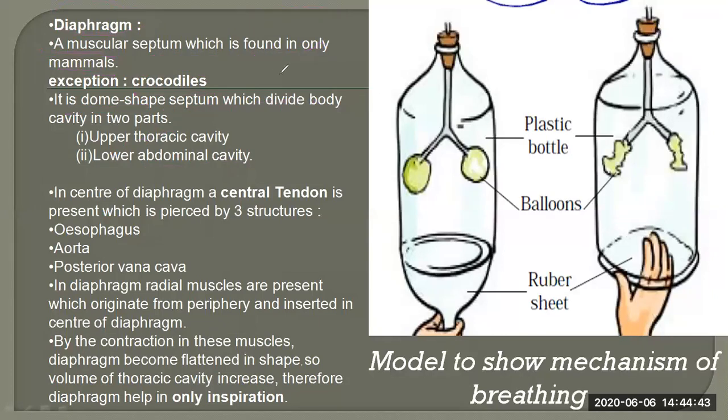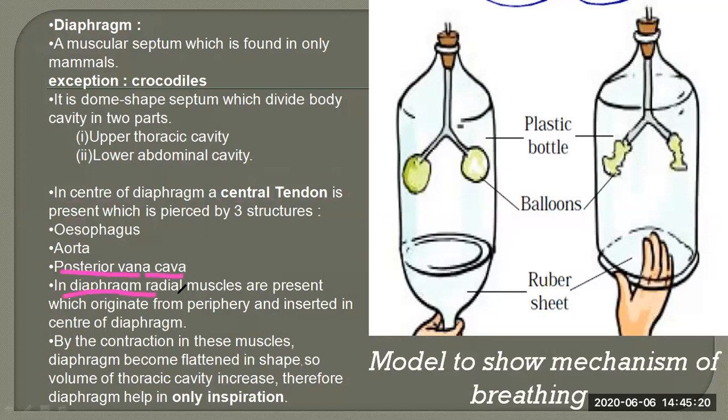In the center of the diaphragm there is the central tendon, which is pierced by three different structures: first the esophagus, second the aorta, and third the posterior vena cava.